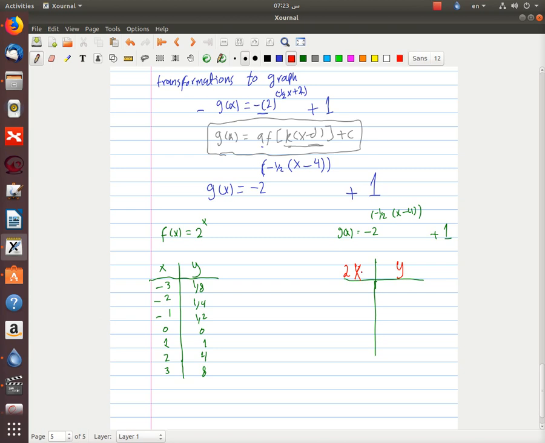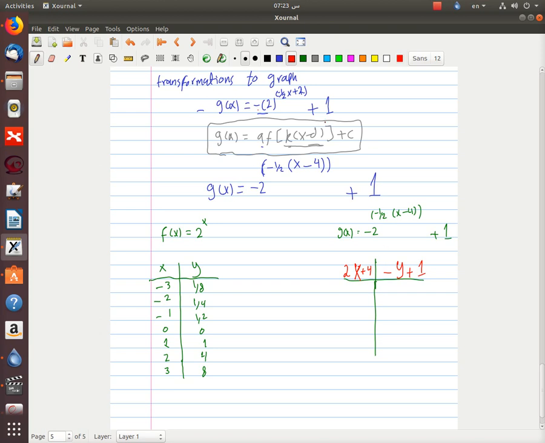So it's not minus 4, it's plus 4, the opposite. For y, it's actually minus, so I'm going to make it minus and add it to it, which is 1, so it's just plus 1.